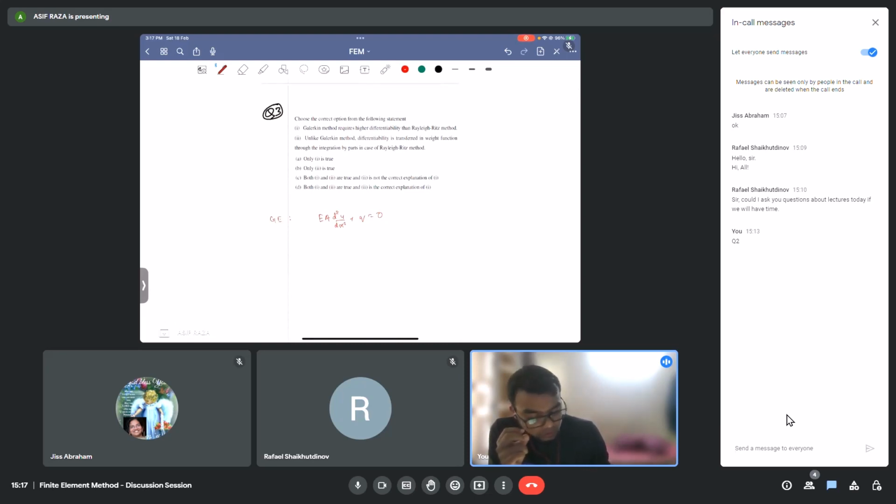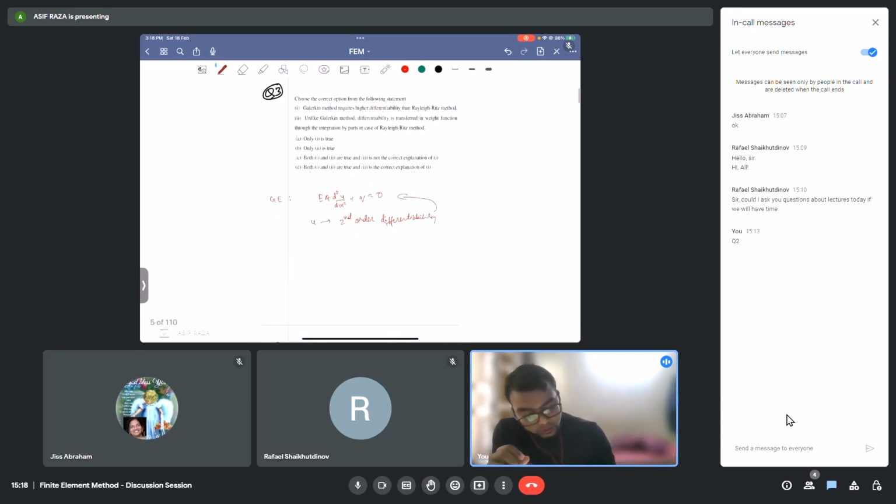Here, if we see the equation, we can say for certain that you need to have a second order derivative, second order differentiability. Only then can this differential equation be satisfied.